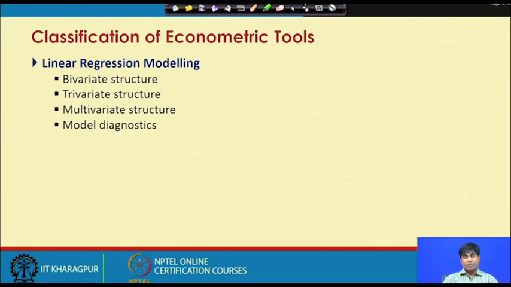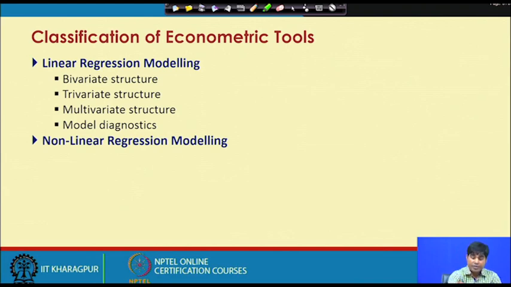In the unit structure we have already highlighted, but now I will give you the complete structure, item-wise requirement, from linear regression modeling to more complex modeling. In the first case we will start with linear regression modeling, where we will discuss a simple structure called the bivariate structure, then connect with a trivariate structure and a multivariate structure, and finally some model diagnostics.